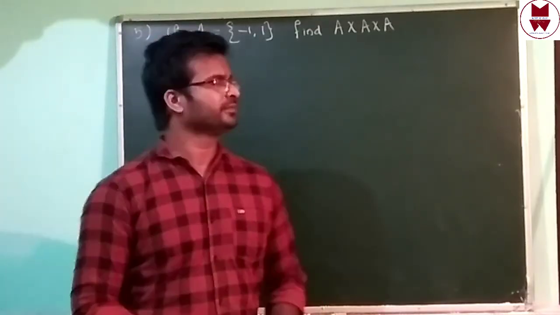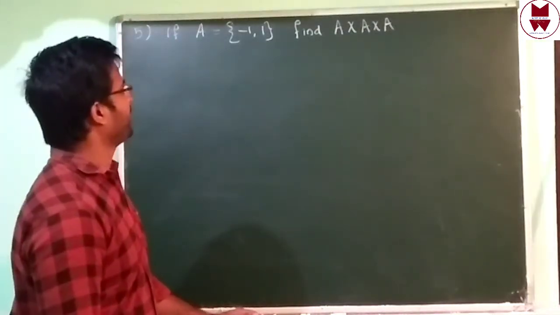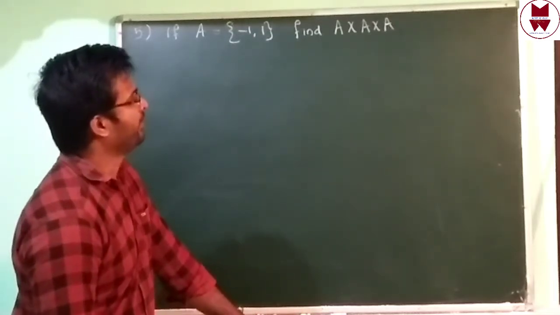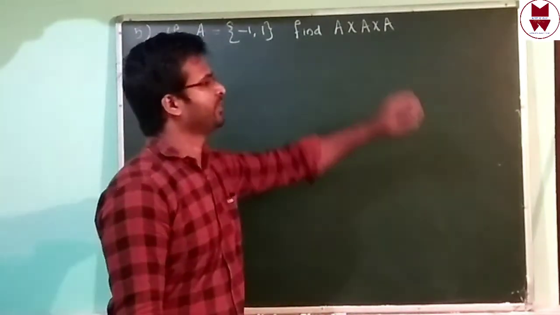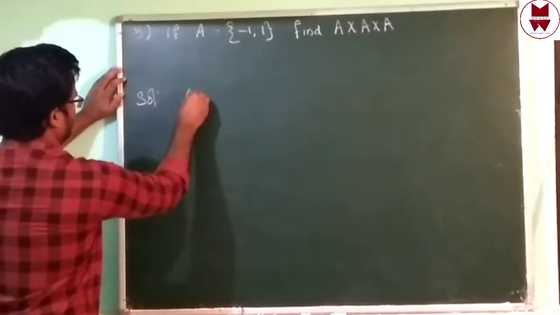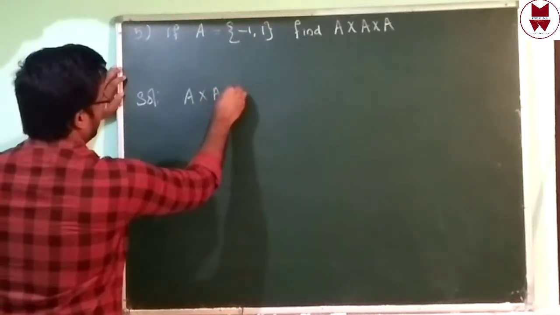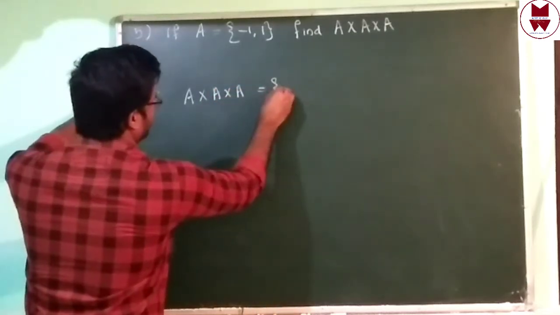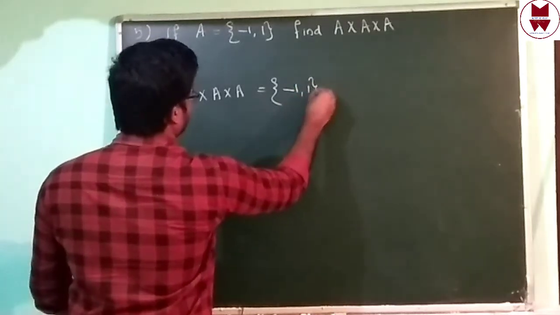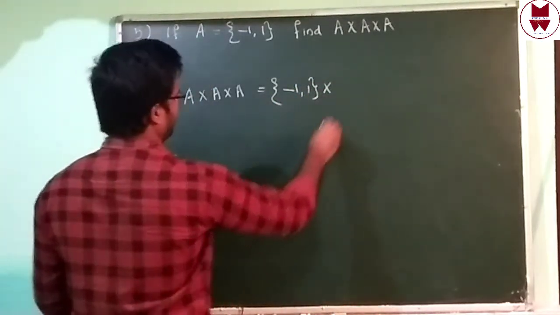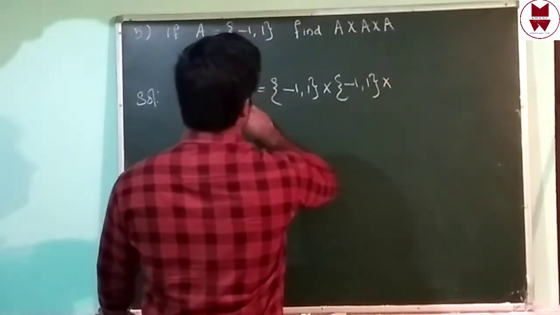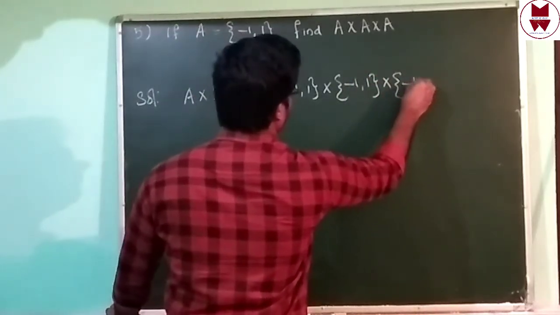Question number 5 is: if A equals set -1, 1, find A cross A cross A. Then we can do that. A cross A cross A equals set A, meaning -1, 1, cross again set A, -1, 1, cross again one more set A, -1, 1.